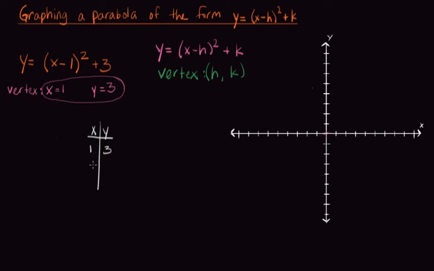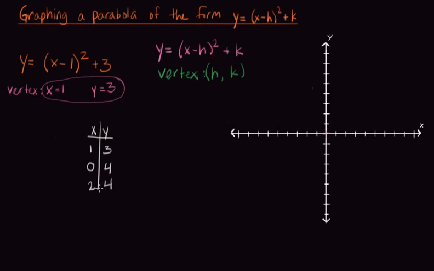So let's do a 0 and a 2. So if we put in 0, we get 0 minus 1 is negative 1, but squared is just 1. And then plus 3 is 4. 2 minus 1 is 1, squared is 1, plus 3 is 4.